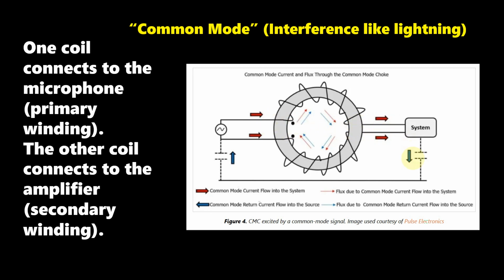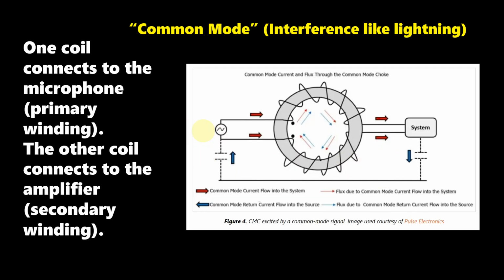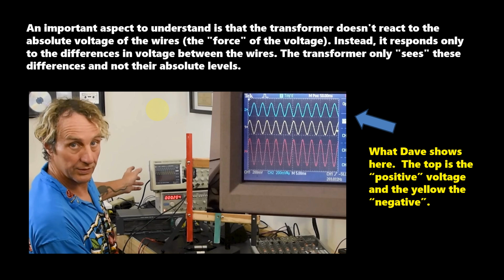And because of it, it basically pushes it to ground. And you can see that if you look at both graphics. On this graphic, where it's talking about differential, there's no ground thing there, and in this there is, which is what I drew up above.